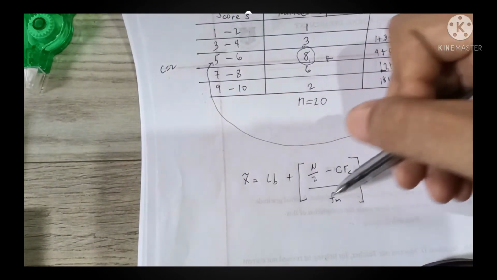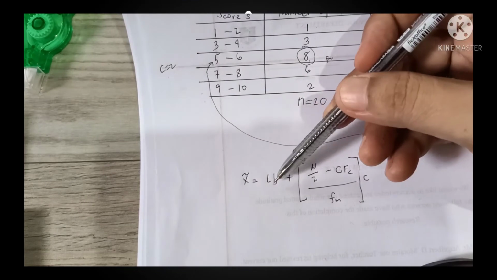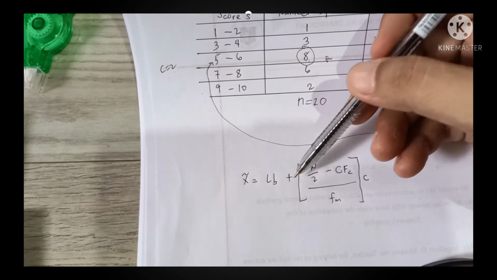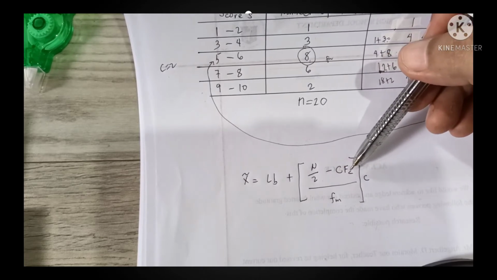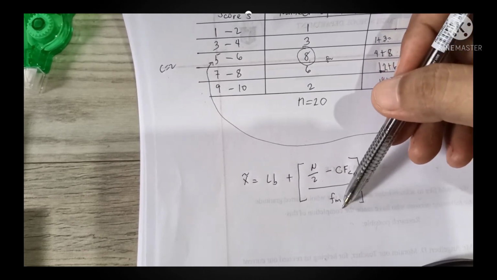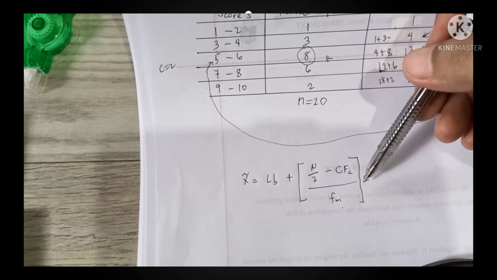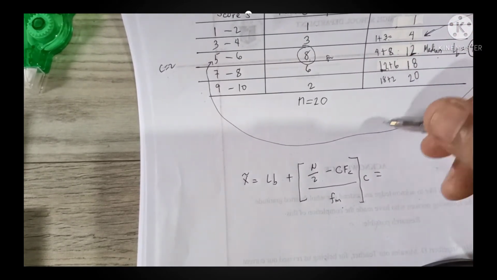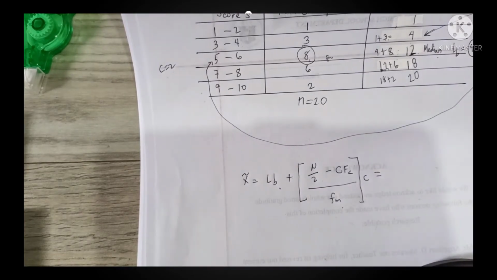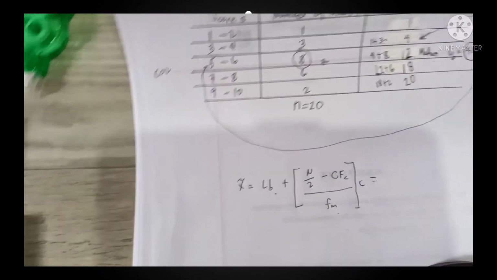Here is our equation. Median is equal to the lower boundary plus, in parentheses, n over 2 minus the less than cumulative frequency, over the frequency of the median, times the class interval. We substitute the given values.